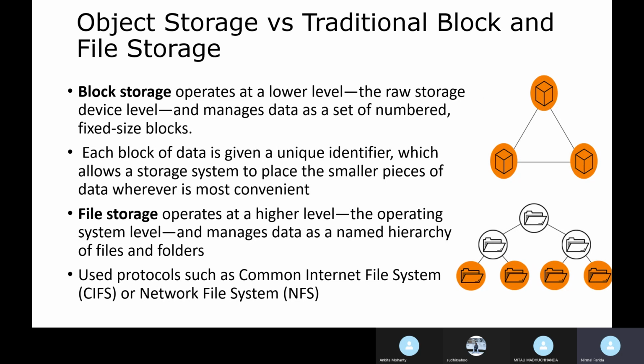Block storage is a volume, your drive, your EBS volumes are block storage. Block storage operates at a lower level, the raw storage device level, and manages data as a set of fixed-size blocks. Each block of data is given a unique identifier, which allows the storage system to place the smaller pieces of data wherever is most convenient.